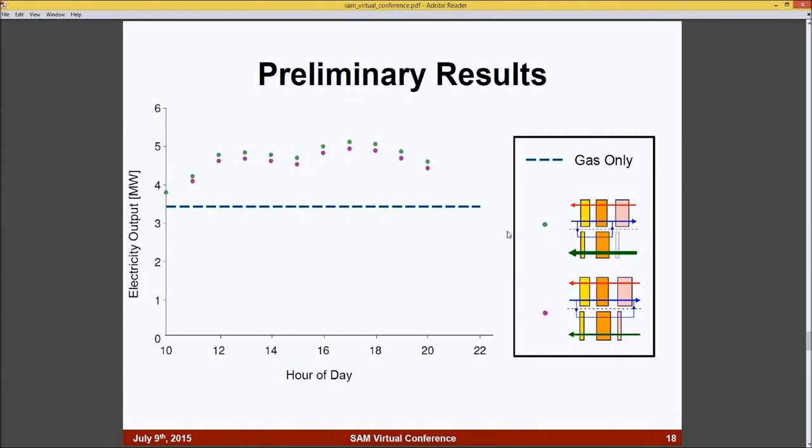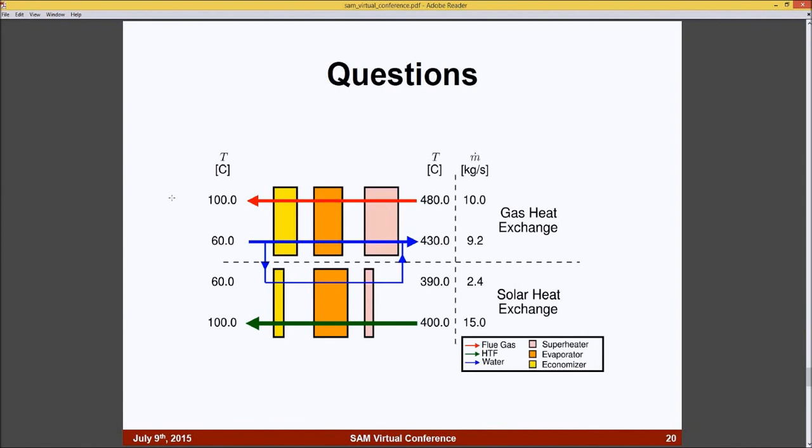Another important aspect is the shouldering effect that we see over on the left-hand side. There's an hour of the day, only a single hour here, where one configuration can produce electricity and the other cannot. The reason it can't is simply that you can't get the heat transfer fluid hot enough in that particular hour to run through a superheating section, so it's an infeasible solution.